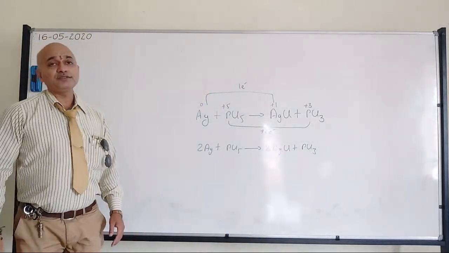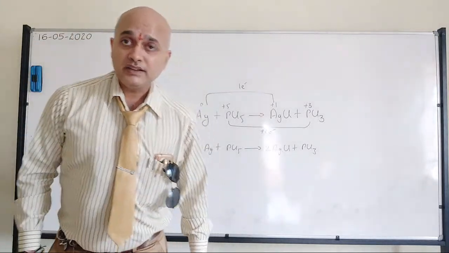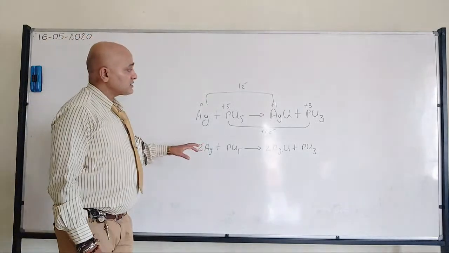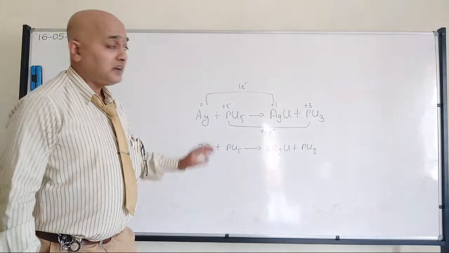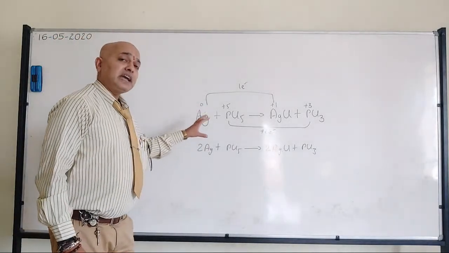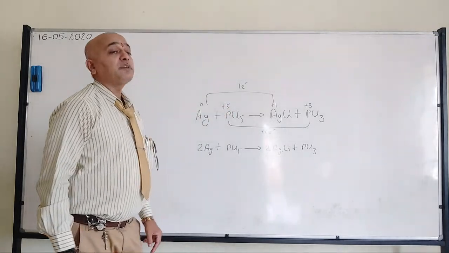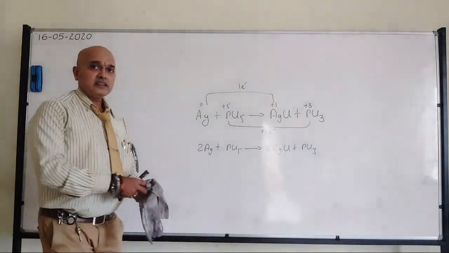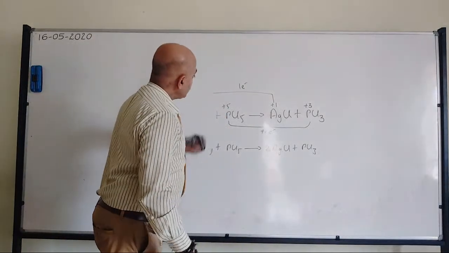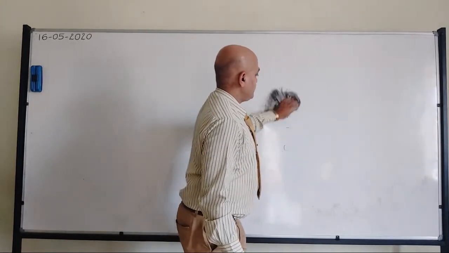So that's where we have the oxidizing character of PCl5. Why is PCl5 acting as an oxidizing agent in this regard? It's not a strong oxidizing agent, but still. Because the central atom is in its highest oxidation state. Fine. So these are some of the additional reactions applicable for PCl5.